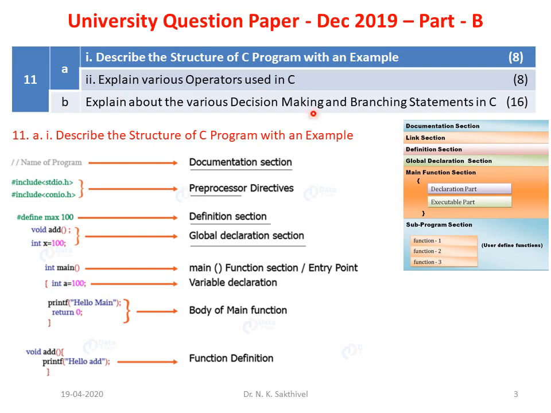First we will focus on 11A, the first question: describe the structure of C program with an example. You are seeing the standard structure of C program. The first one is the document section with the comment line.